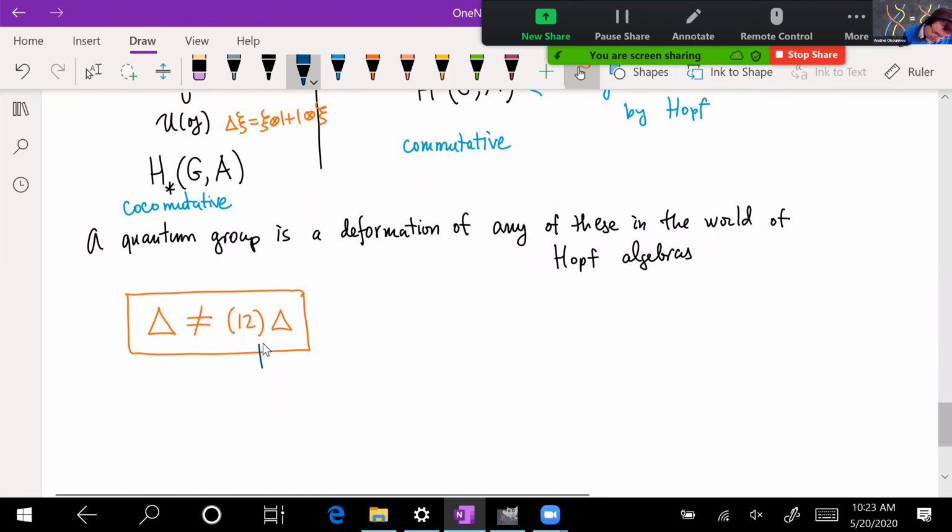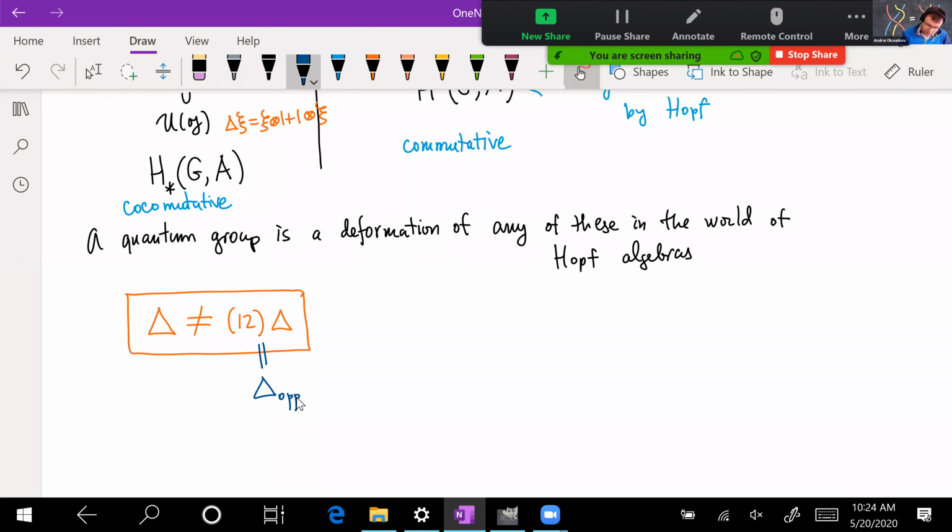This is called the opposite. So this is the deformation: what we would like to achieve is that the co-product is no longer co-commutative, but not too non-commutative.